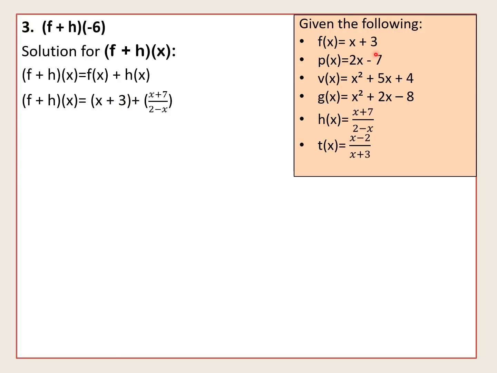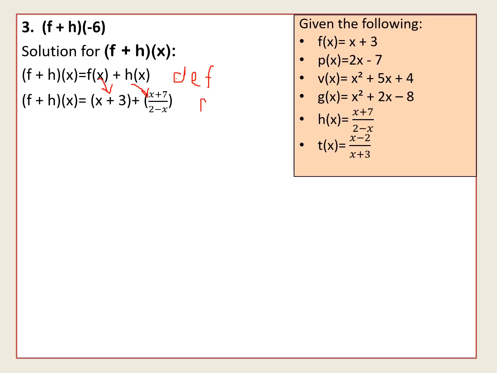Dito sa given natin. Ito. Tapos, si g of x, si h of x, papalitan natin ng kanyang value. So, x plus 7 over 2 minus x. So, dito, f of x corresponds to this, and h of x corresponds to this. So, definition tayo dito sa unang step, tapos, sa pangalawa naman, replacement.